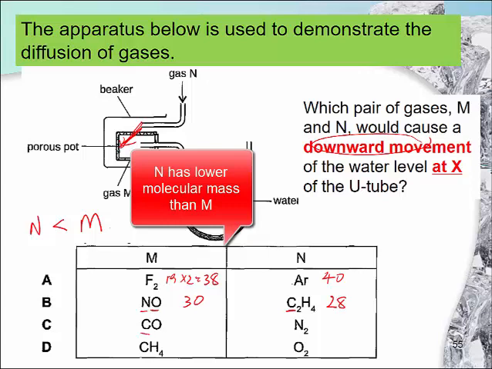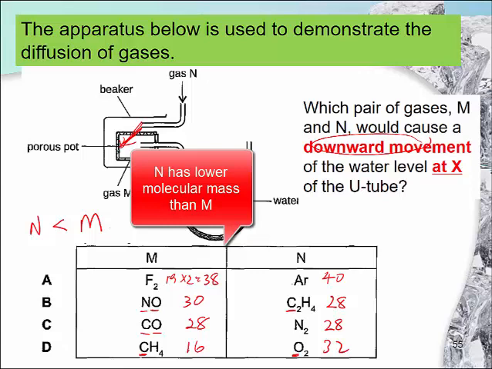Carbon monoxide is C, 12 plus 16, 28. N2 is 28. CH4, carbon is 12 plus 4, 16. Oxygen is 16 times 2, 32. You want N to be less than M. So which one has N less than M?